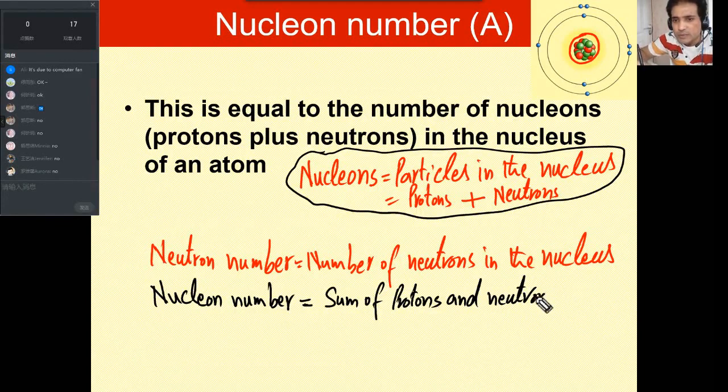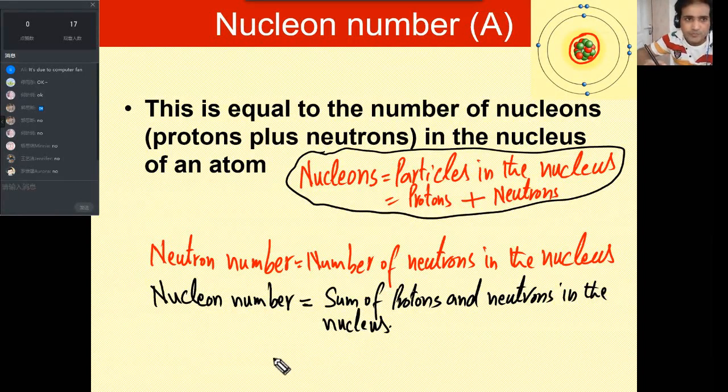So the sum of protons and neutrons in the nucleus is called the nucleon number. This is how we can define nucleon number.